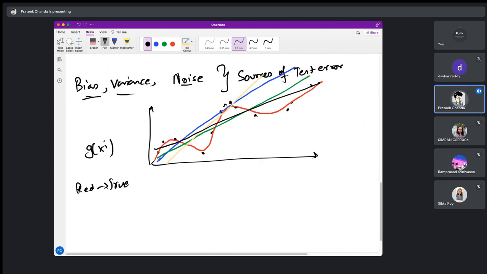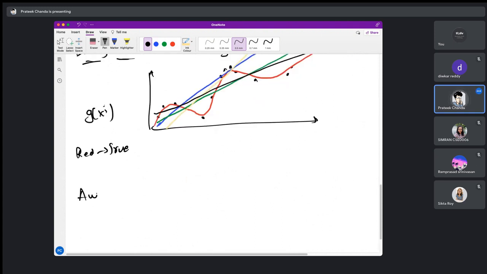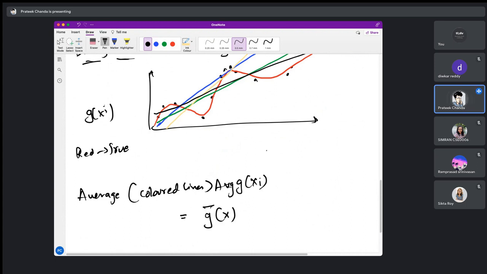Now if I take the average of all the colored lines, that means the average of g of x, I indicate it as g bar x. Over the entire training data, one particular predictor, g1 of x for example, can indicate the blue line.